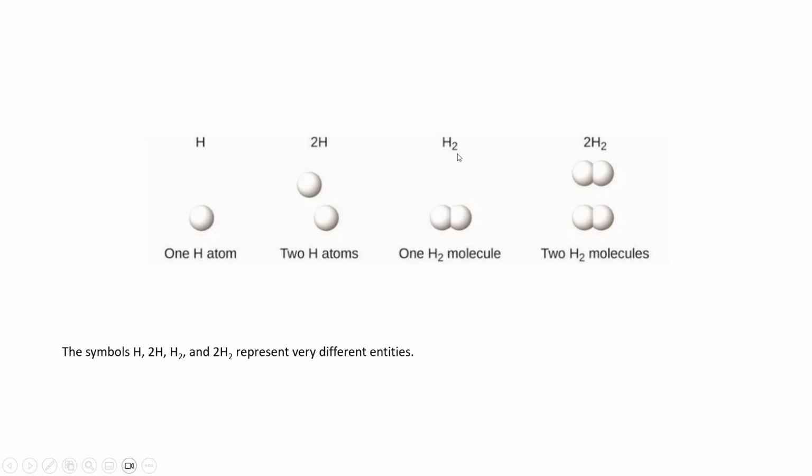H2, where we have the subscript, means that there's 2 hydrogens bonded together. So these are going to be closer together. And 2H2 means that we have 2 molecules of hydrogen, and the hydrogens are bonded together as diatomic molecules.